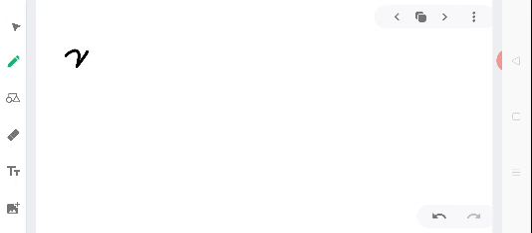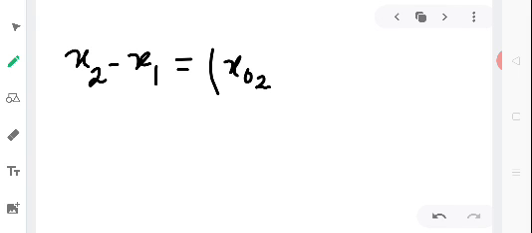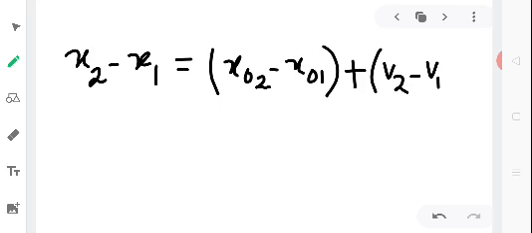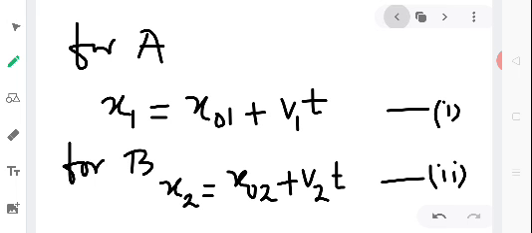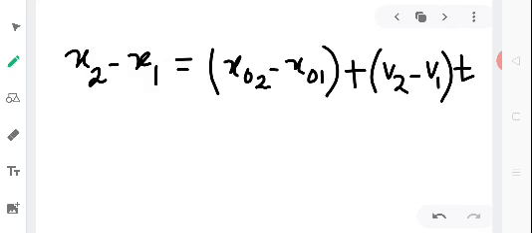We will get x2 minus x1 equal to x02 minus x01 plus (v2 minus v1) into t. Let us consider this as equation number 3.